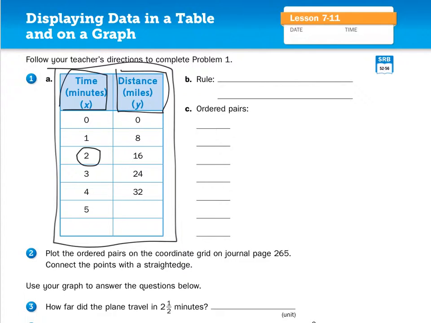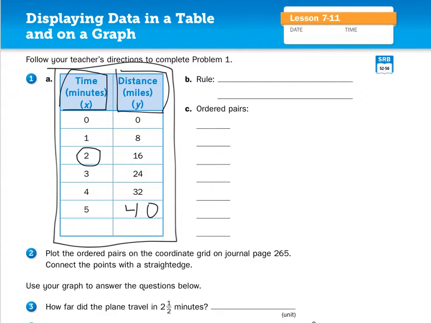So what you should be thinking of here is the rule. What is the rule for the time in compared to the time out, or in this case, the minutes compared to the miles? So if you realize that we're multiplying by 8, 5 times 8 is going to put what number here next? Hopefully you're saying 40.